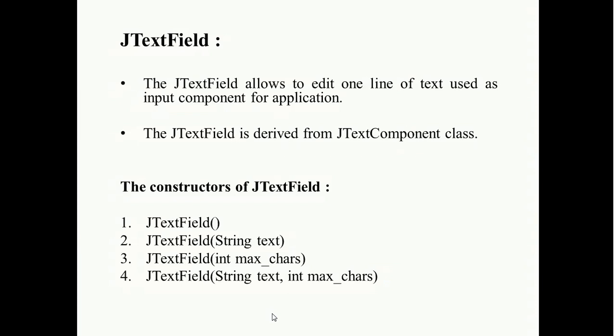The first is String text, the string that will be initialized at the time of writing the program, and the second parameter is int maxchar, the maximum capacity of characters. These four are the constructors of the JTextField, and if you use JTextField with no parameter, the field initially appears empty.